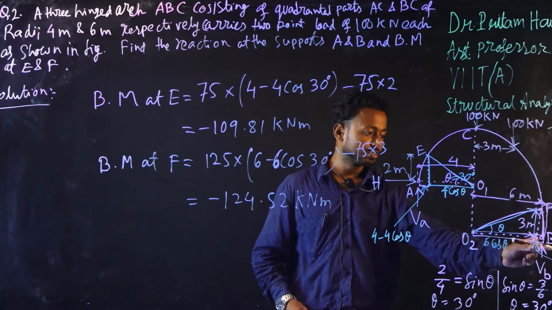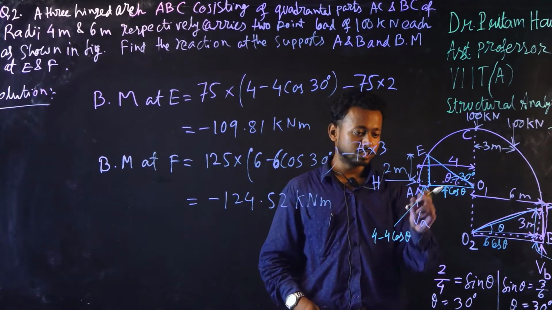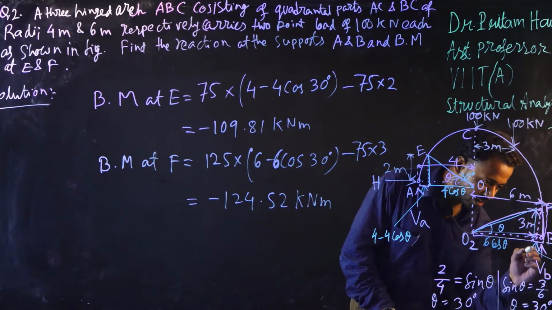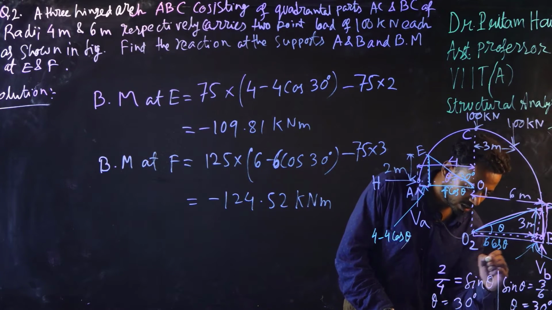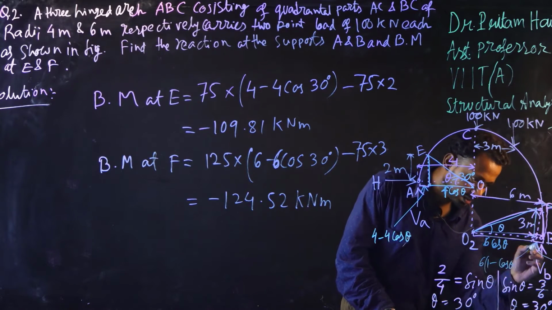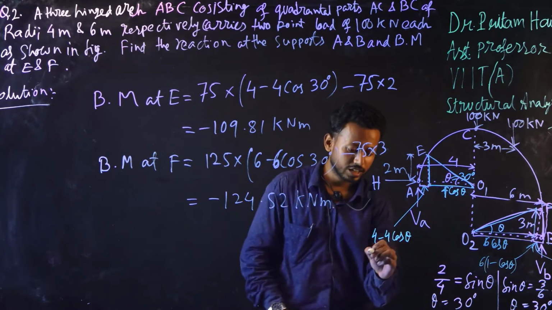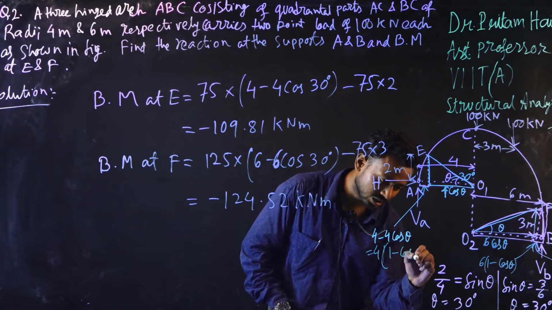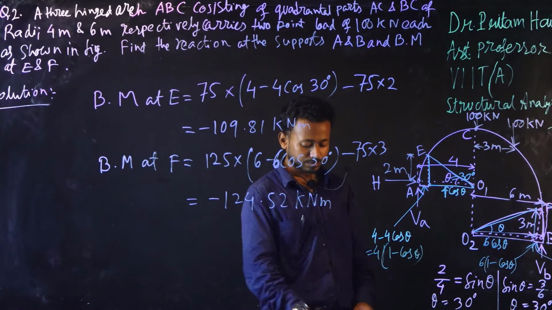So this small distance will be 6 minus 6 cos theta, and this small distance will be 4 minus 4 cos theta. So we can write this small distance as 6 into 1 minus cos theta, and here also 4 into 1 minus cos theta, right.